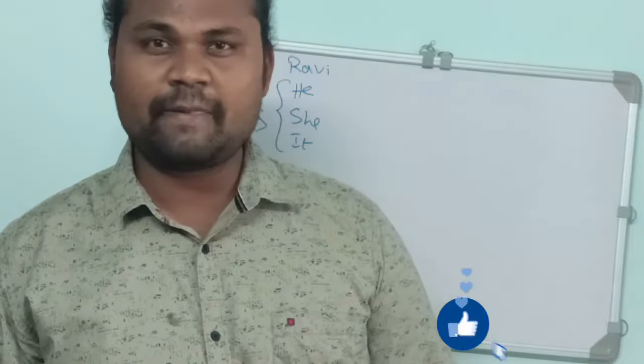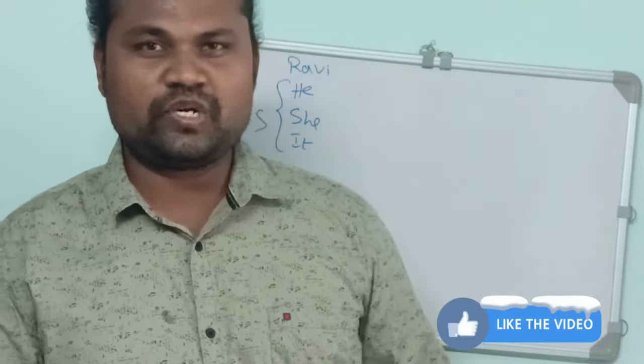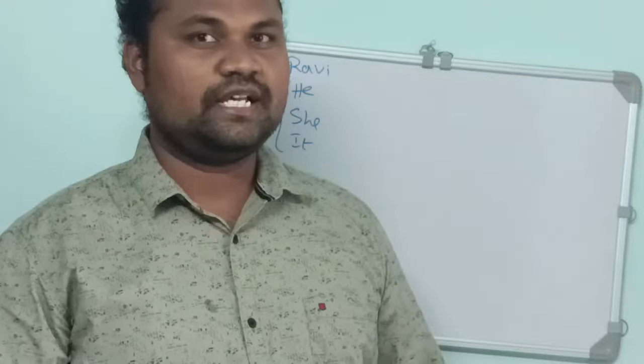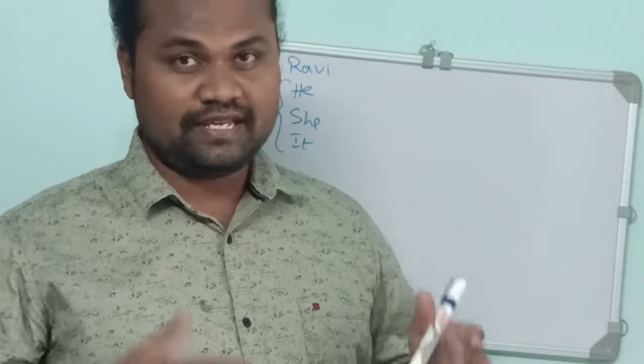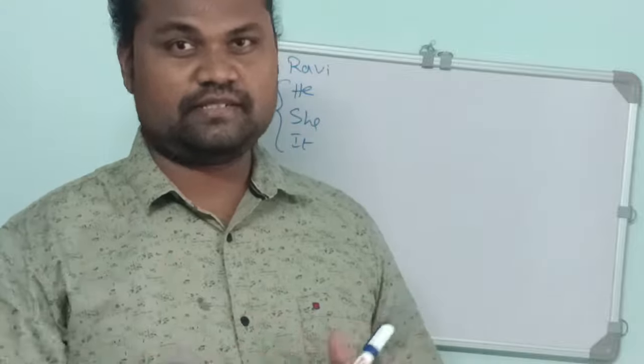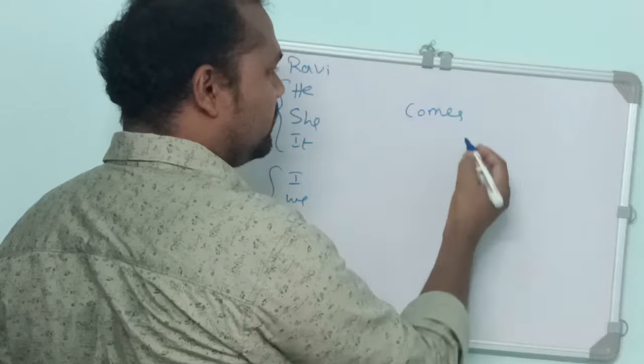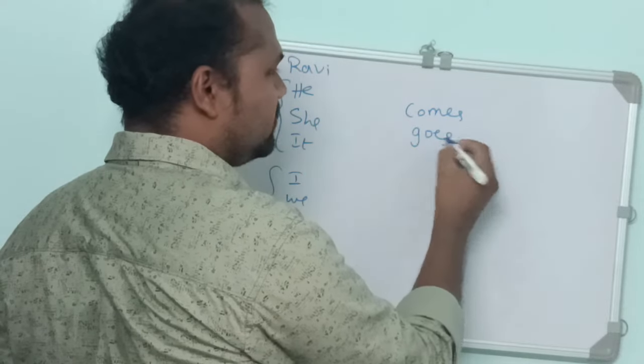For example, see here: comes, goes, does, eats, listens, plays. Are all these singular verbs or plural verbs? Just now I have told you. Every singular verb ends with the letter s.